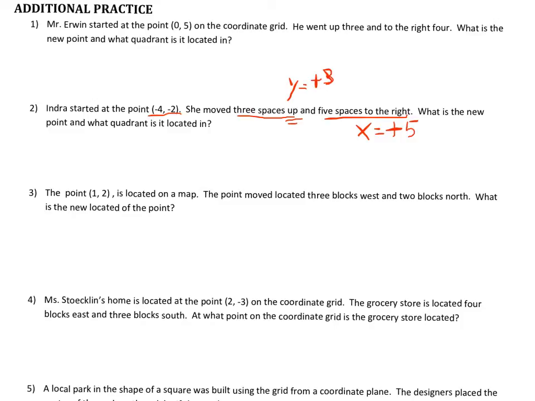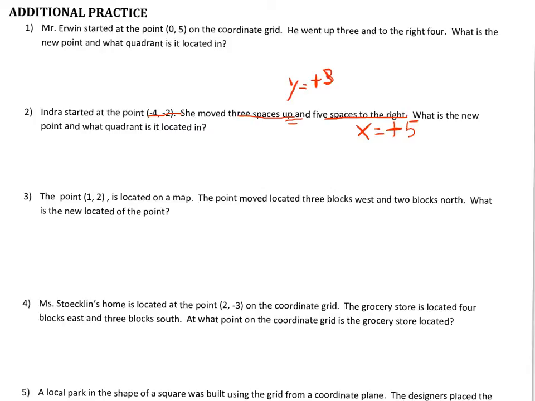Okay? So, here's how I do this one. I have to go back and look at this ordered pair. I started at -4, -2. Now, this is my x, this is my y. My x changed by going a +5.